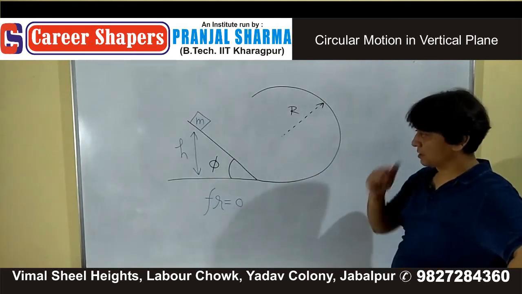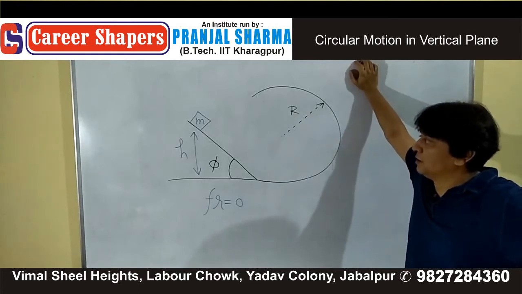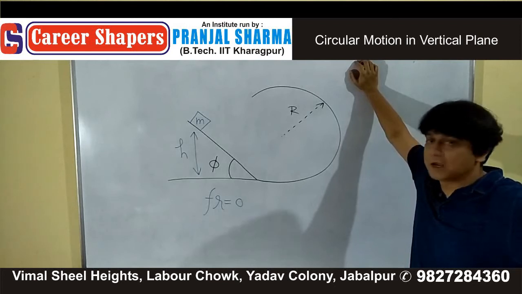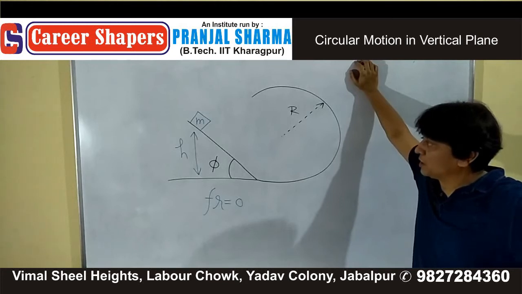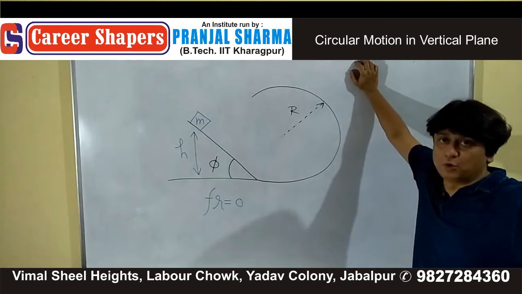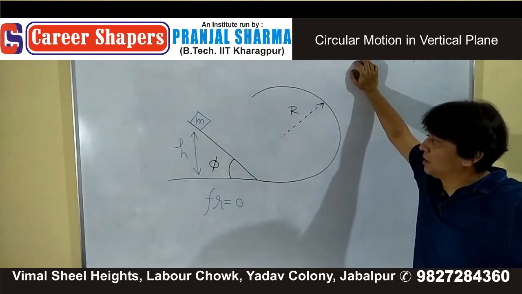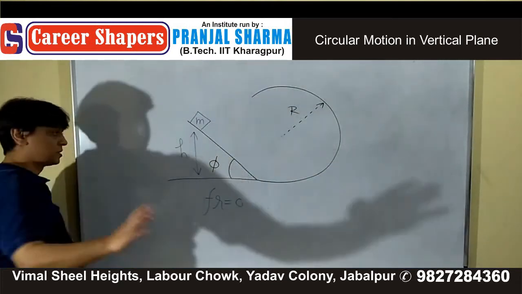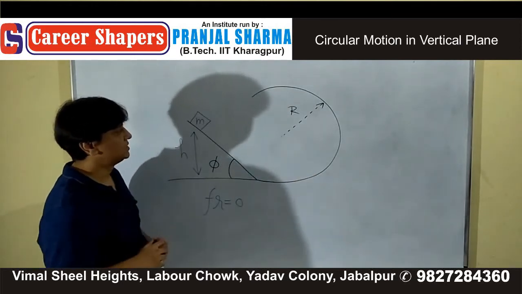Find out minimum h so that the object can complete number 1, 1/4 circle, number 2, half or full circle. Now pause the video, figure out how to handle this whole thing, and then come back and see the solution part.